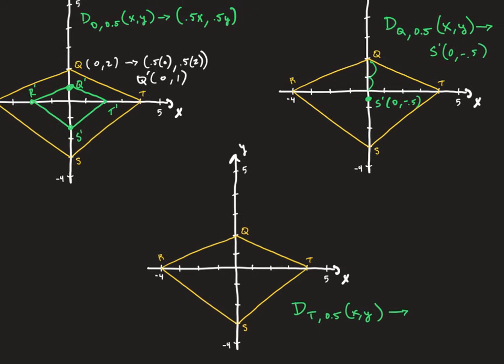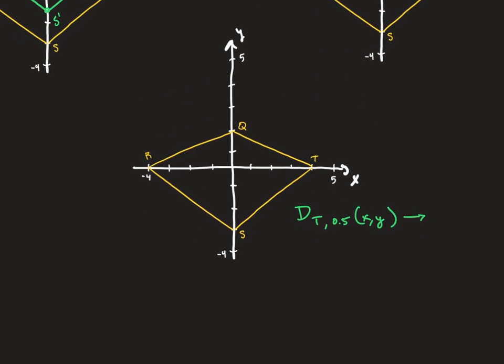So I was just changing the center of dilation. And then, of course, the same would go for this other example where my center of dilation is going to be T. When I go to do my new dilation of R, R is currently at negative 4, 0. My new dilation is going to be 1/2 the distance.